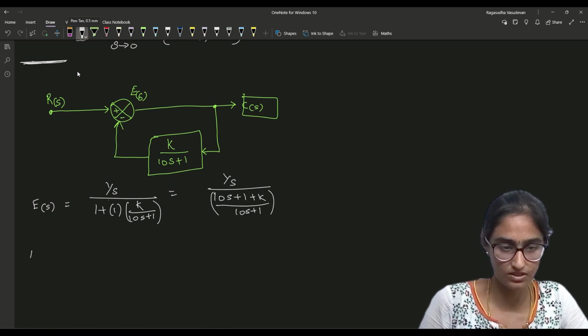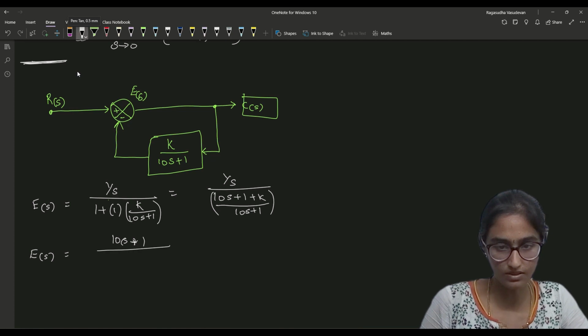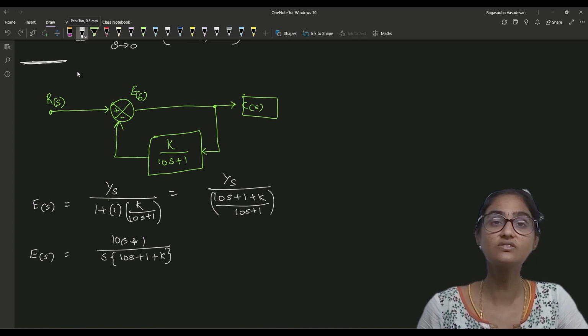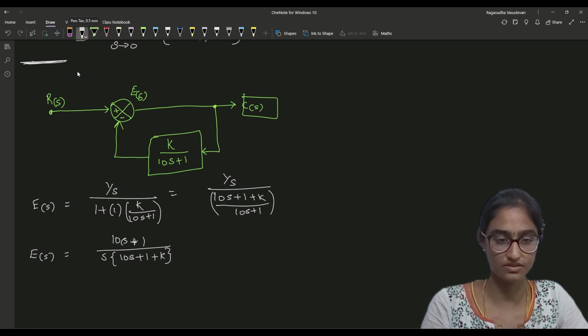Okay, so what is E(s)? E(s) is (10s plus 1) divided by s into (10s plus 1 plus k). So this is the value of E(s).